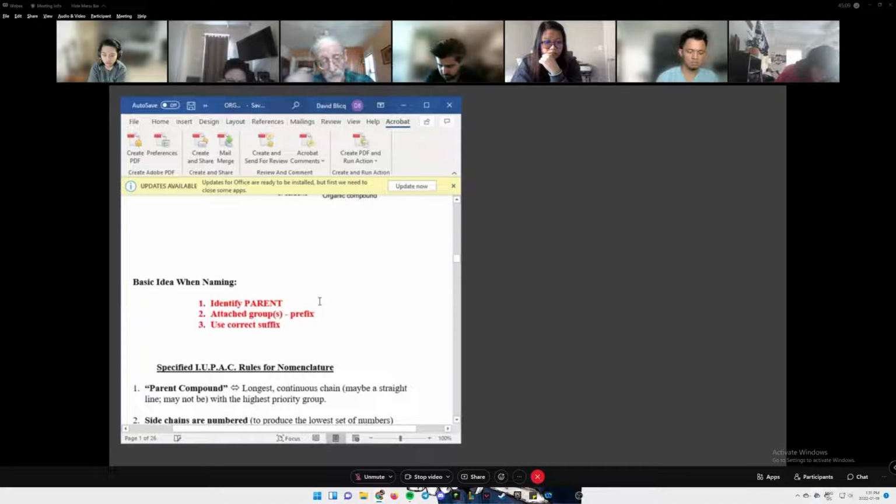Basic idea. Identify the parent by counting carbons. And again, I'm going to keep nagging this because I can't stand it. I feel sorry when people count wrong. What's the attached group, the important group? Is there a prefix? And what is your suffix? Is it an alcohol? It's OL. I'm going to give you a list of suffixes in a minute, and they're all quite obvious.